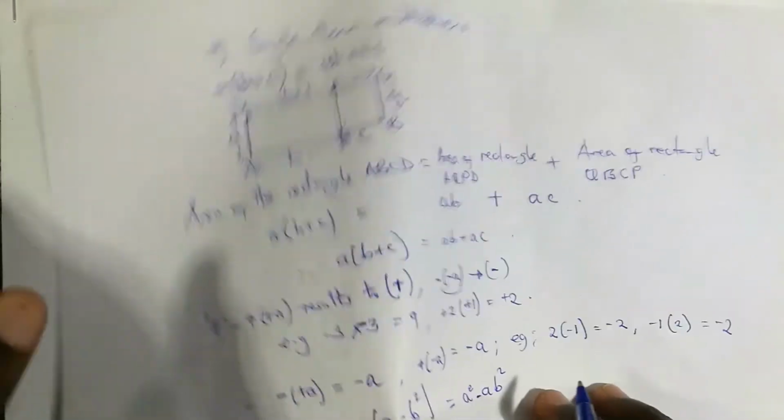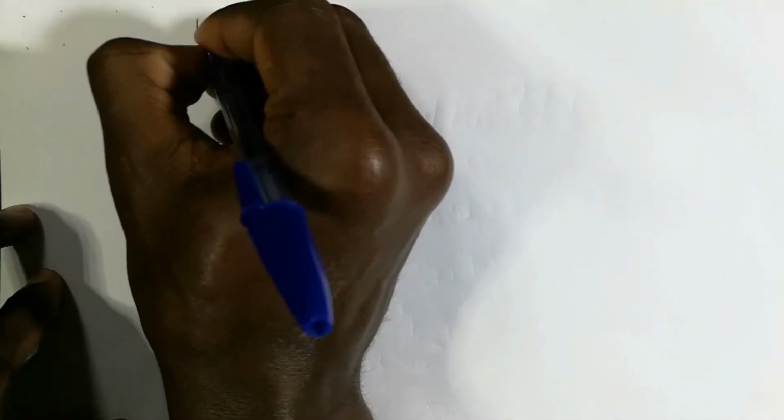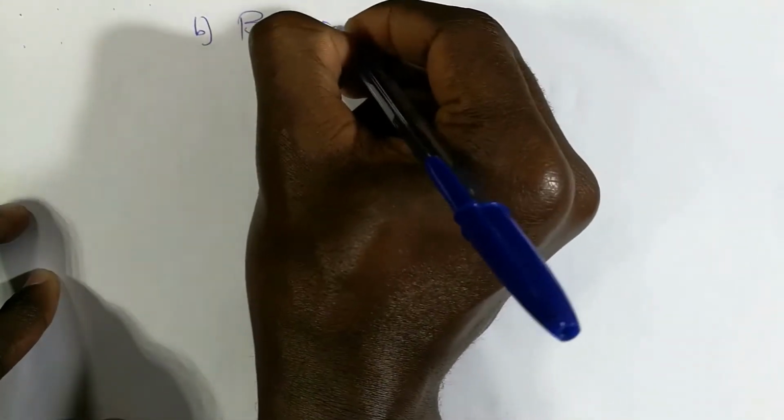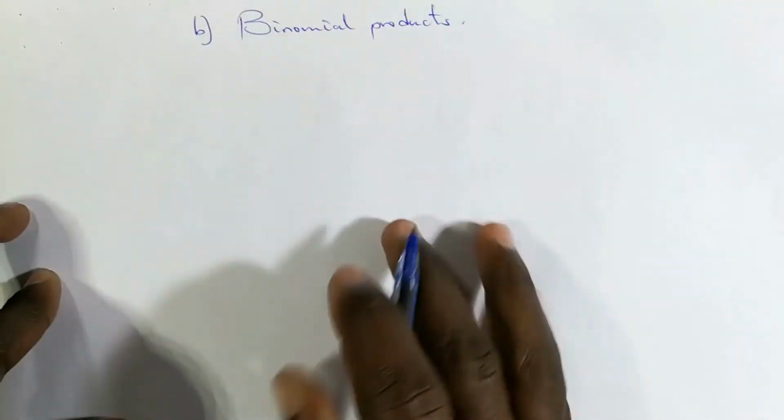The next thing we're going to look at is binomial products, or multipliers.